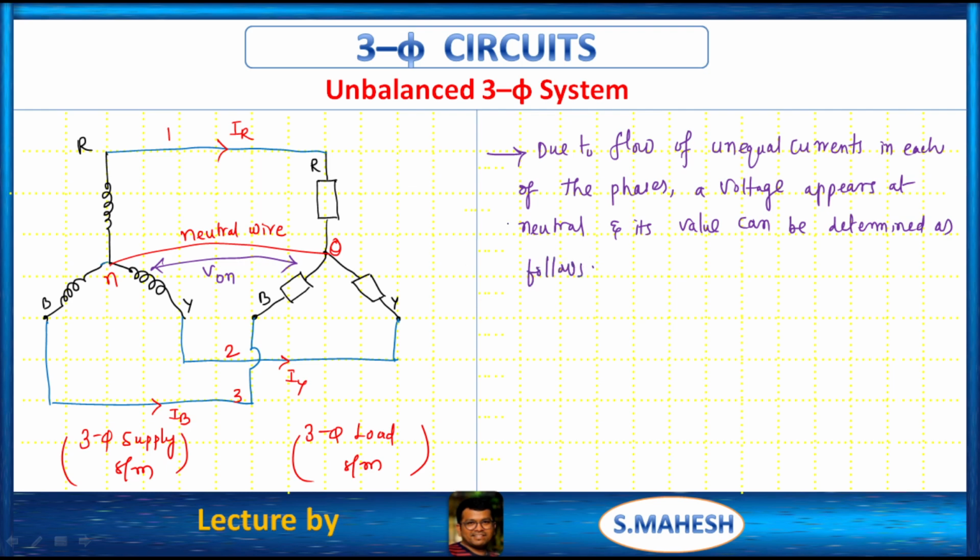So because of this unbalanced loading, we have a neutral current. Because of that current, we have a neutral voltage, that is VON. Now we have to derive that value of VON.